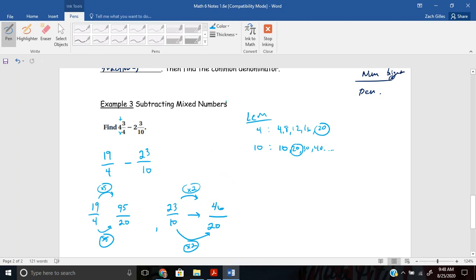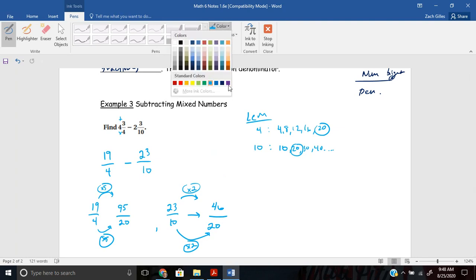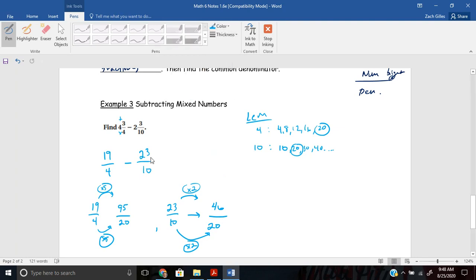Right? Now let's rewrite these two fractions so it's a little bit more clear. 19/4 I rewrote as 95/20. And I'm going to subtract that from 23/10, which was rewritten as 46/20. Okay. Keep your common denominator when you're adding and subtracting fractions, so 20ths.